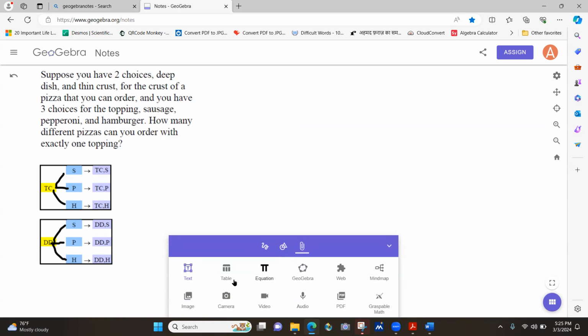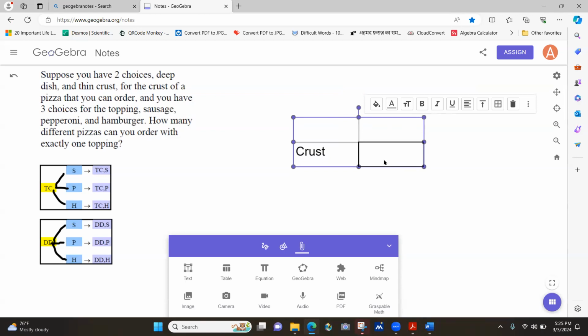Well, let's find out. How many choices do you have for the crust? I'm going to write crust. How many choices do you have for the crust? Two. How many choices do you have for the topping?